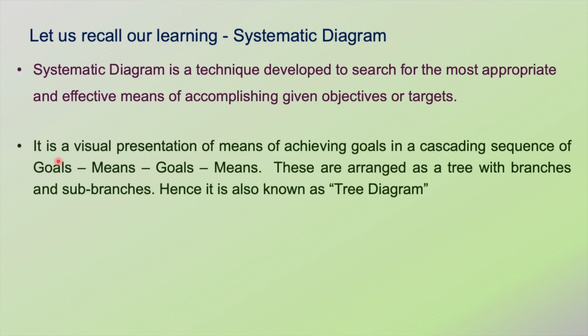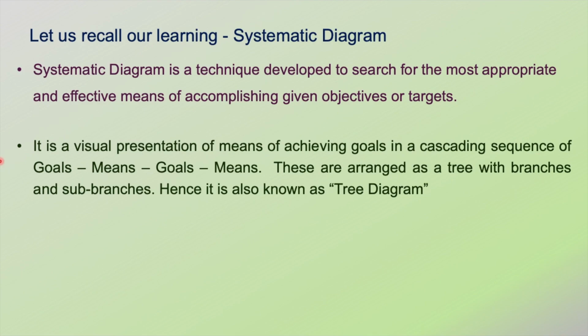As the name suggests, the systematic diagram is a visual presentation of means of how to achieve a goal. The goal is broken into several means and deployed in a cascading sequence.